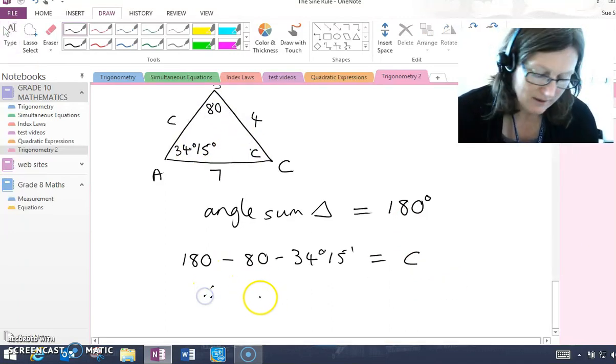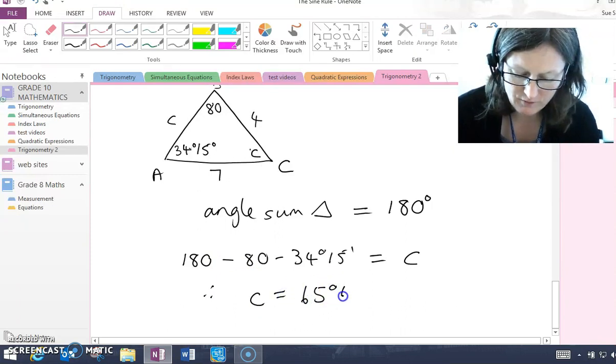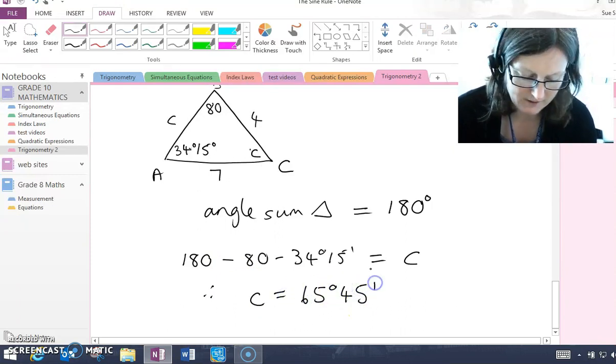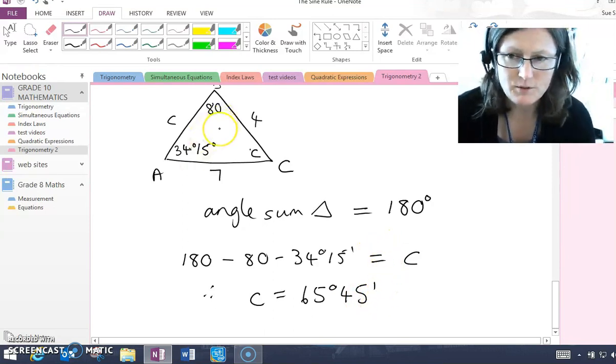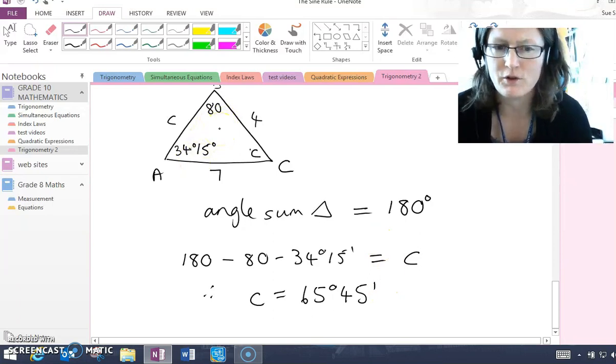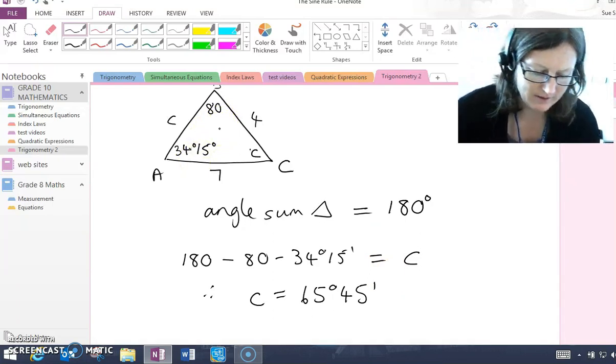So angle C is approximately 65 degrees 45 minutes. Reminder, how did I get that? Once I have two angles, I can work out the third angle because the three angles of a triangle add to 180 degrees.